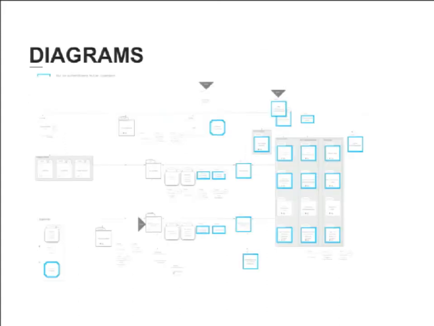Diagrams like sitemaps or flowcharts are also commonly used design documentation. I only make those on request. So if there are stakeholders that need to have a discussion about the overview of all the content that is on the site or how the workflows work in the applications.